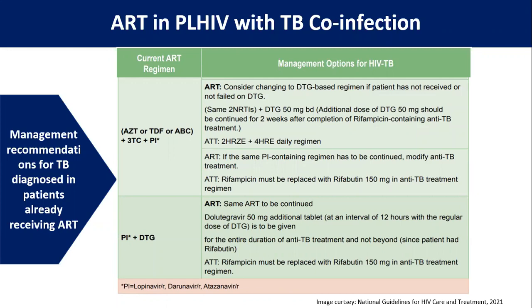That is, the patient is on rifabutin, so we need not increase the dose up to 2 weeks as we used to do in the case of rifampicin and DTG. And rifampicin must be replaced with rifabutin because the patient is on PI.